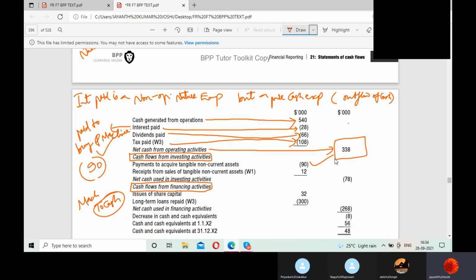Now we will again make this account. We will make this non-current asset account and see what are the changes which have happened to it.